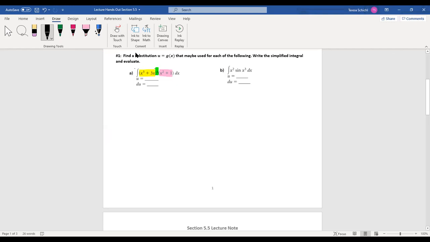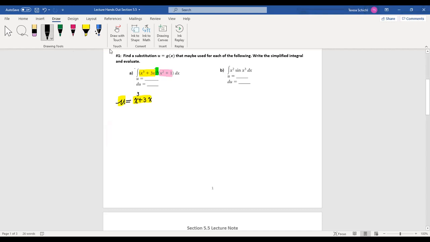All right. So now you say, okay, maybe I will assign u equal to x cubed plus 3x, right? If u is x cubed plus 3x, this is your yellow terms here, correct? So it's u, all right?